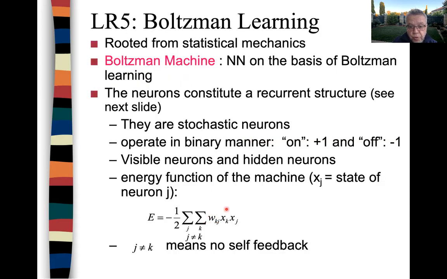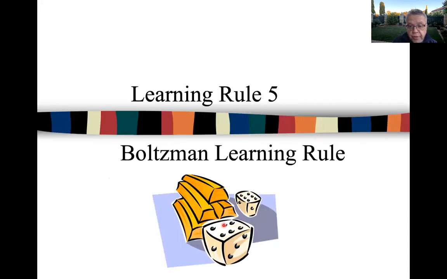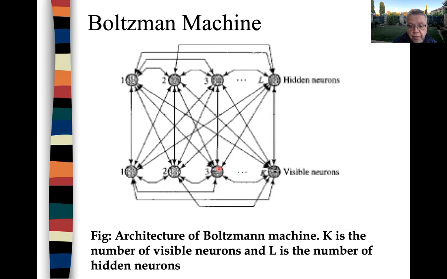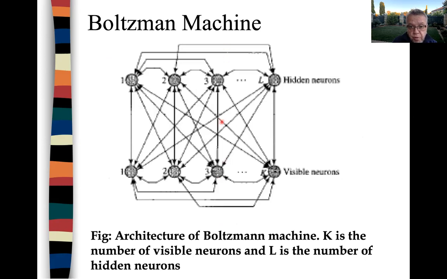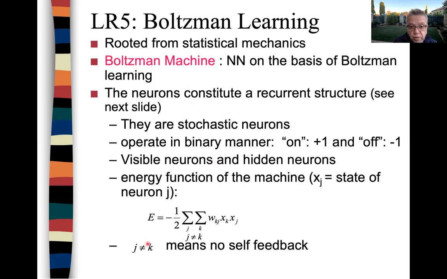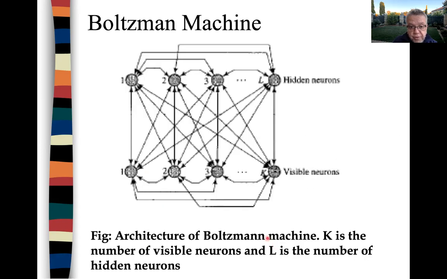So this is the first term, and then you take another neuron, look at the weights and the state of the other neuron, and that's that term. You consider all the combinations of all the neurons in the network, and you compute this energy function. And j is different from k, meaning that there is no self-feedback, as I mentioned.